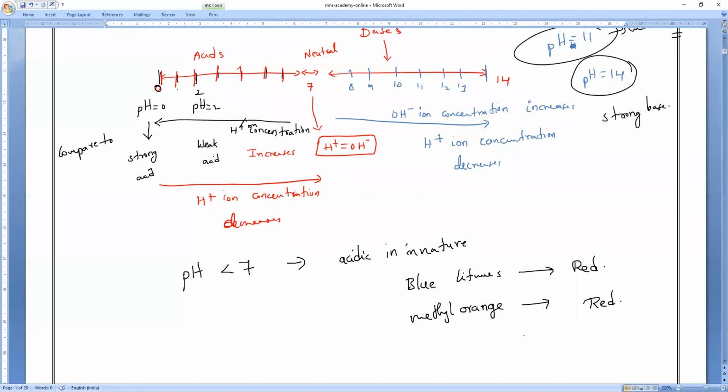And phenolphthalein shows no change in color.